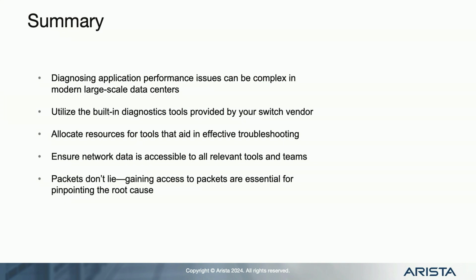So to summarize, look into the built-in features that are in the modern switches today to support you with troubleshooting. SNMP is not good enough anymore. And investigate how the different features can support you and your team with troubleshooting.